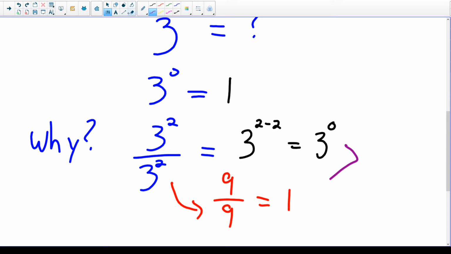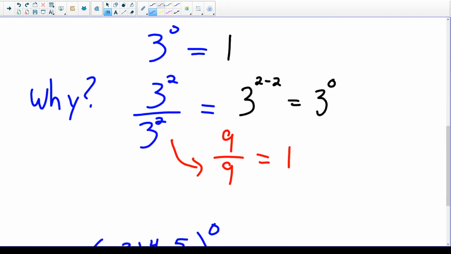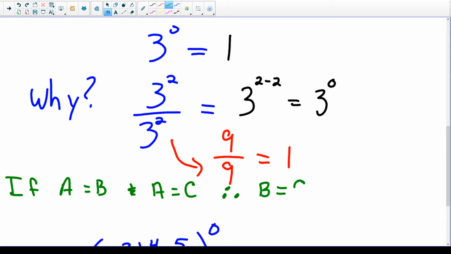And in math, there is a rule that says, let me write it down here. If A equals B and A equals C, that means that B has to equal C. If 3 to the 2 over 3 to the 2 equals 3 to the 0, but 3 to the 2 over 3 to the 2 also equals 1, that means that 3 to the 0 has to equal 1.